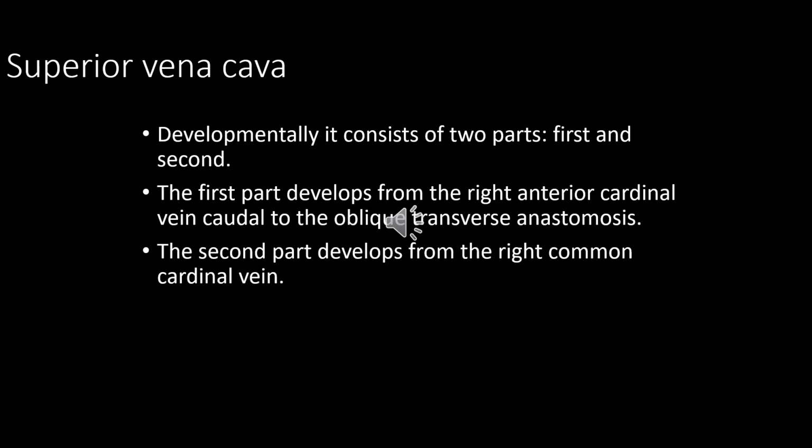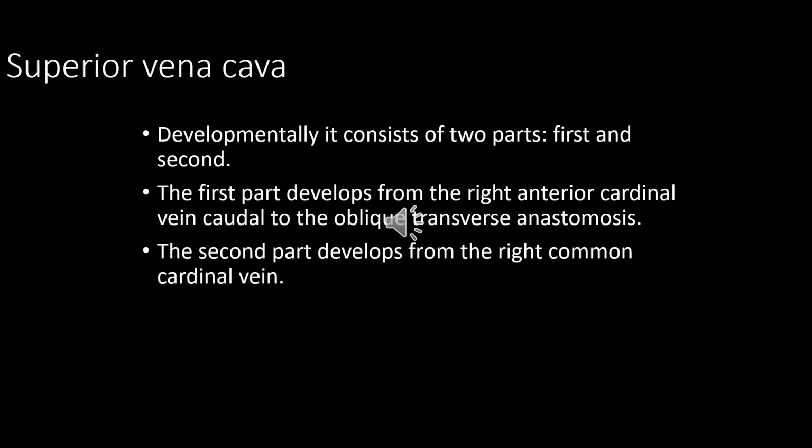Coming to the superior vena cava, let's remember that the superior vena cava is formed by the union of the right brachiocephalic and left brachiocephalic veins, and the left brachiocephalic vein is longer, as I told you, because it has to cross the midline to join its partner on the right side, and we have also described how the major veins are found on the right side of the body.